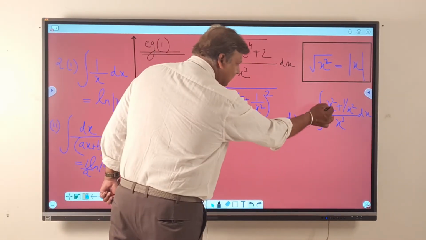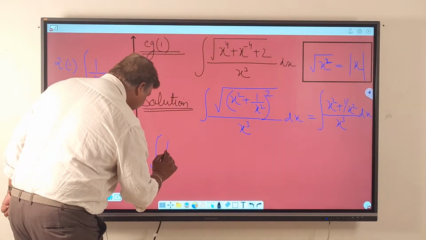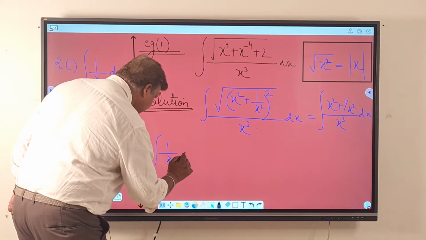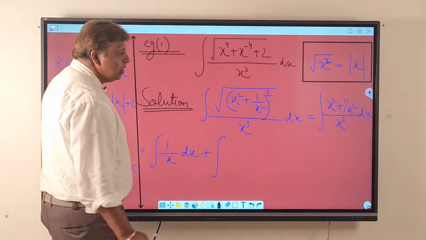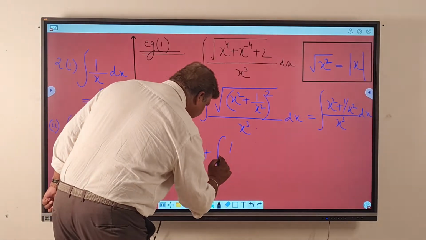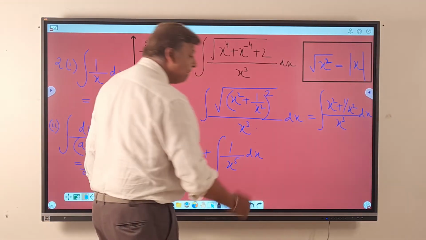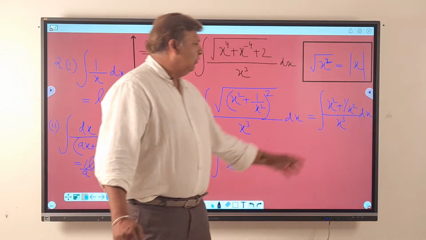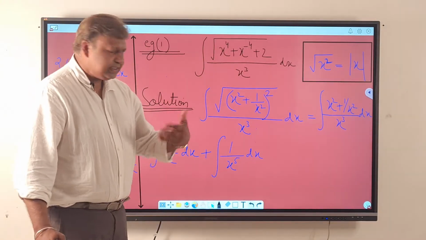Now you will split the terms. X square by x cube will fetch you 1 by x dx. You will separate out the integrals, and 1 by x square upon x cube, this term upon this term, will fetch you 1 upon x raised to power 5 dx. Of course, when x square and x cube get multiplied, the powers get added.